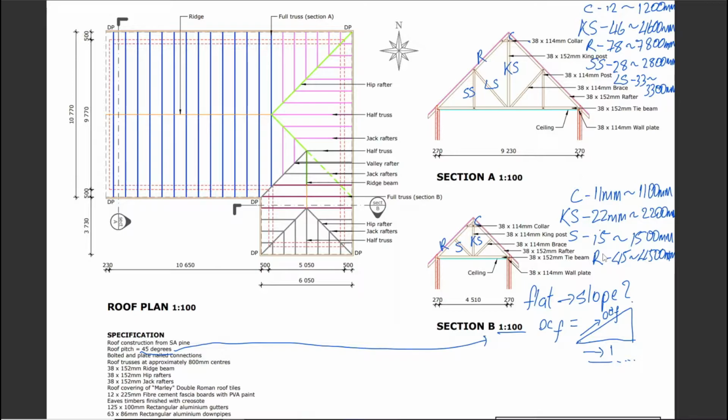Okay, so it was cos 45. So this was 45, right? That's 1 over your X factor. We'll say your X factor is, and what did I get for that X factor? I think it was 1.4.